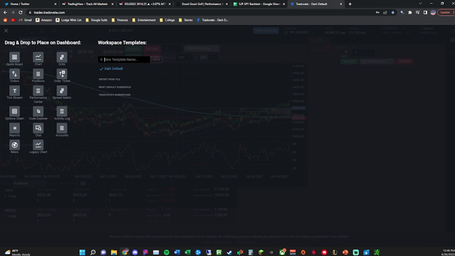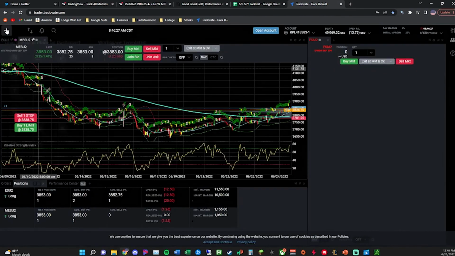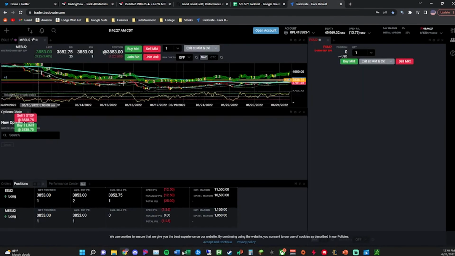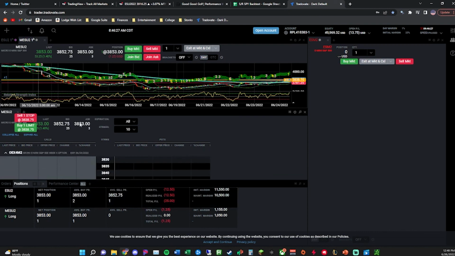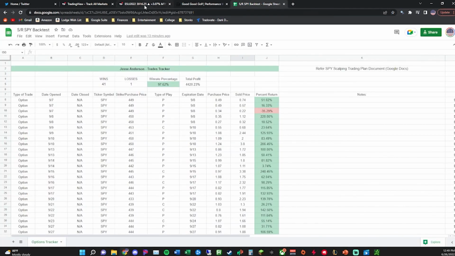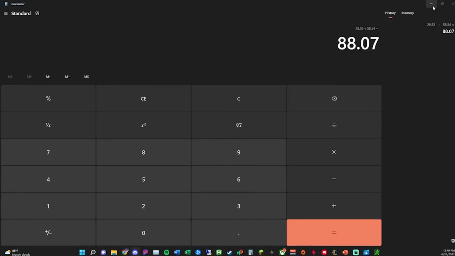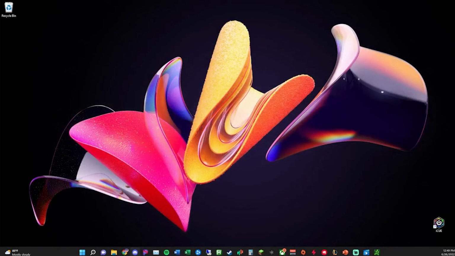This is just a quick down and dirty because I do want to get to Q&A as well. But you can look at quotes, tick stream, options chain, which doesn't really affect us, but you can see it here and see what the options chain looks like. So that is the super quick down and dirty. And let's get to our Q&A.